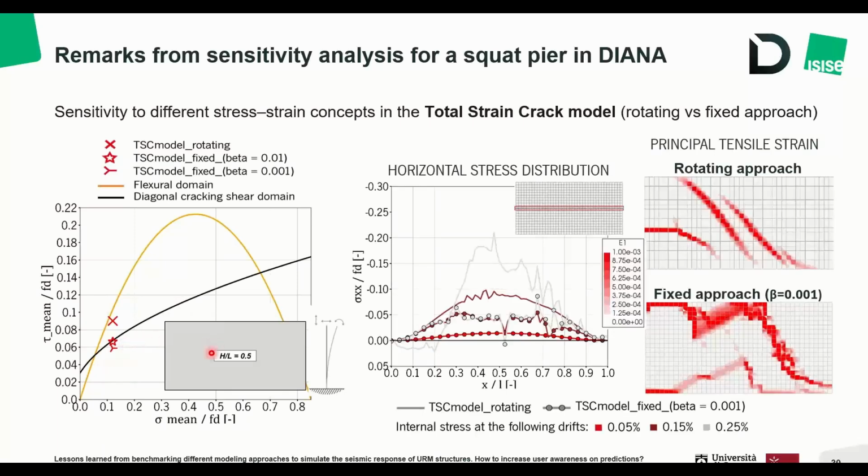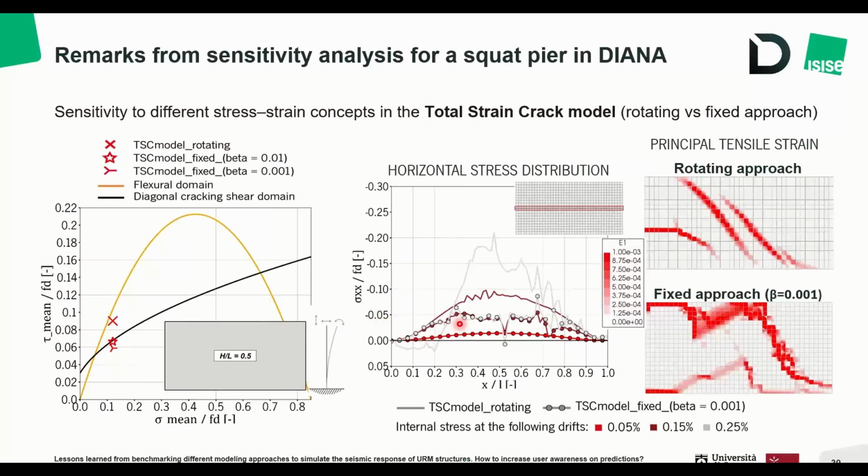But which is the correct prediction? Again, we analyzed the horizontal stress distribution in the midsection of the squat pier, and we saw that in case of the rotating approach, the horizontal stresses in the midsection of the pier are not negligible at all. So this is the reason why we have this increase of shear strength in our model.